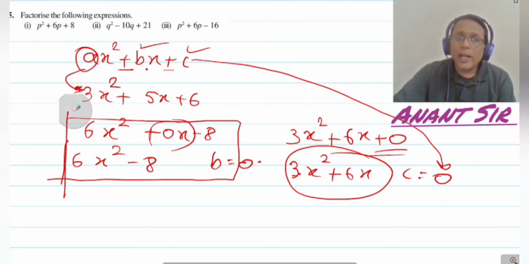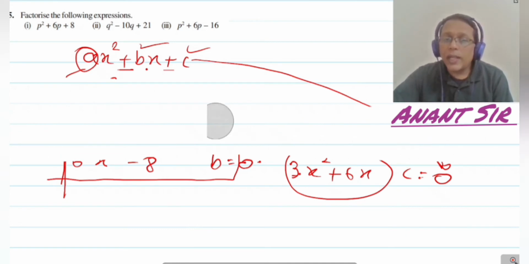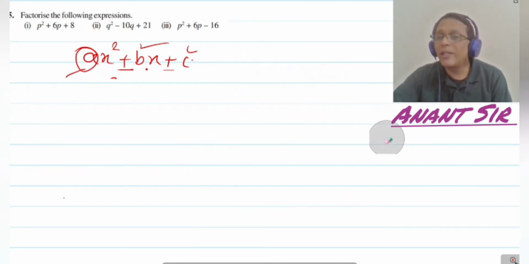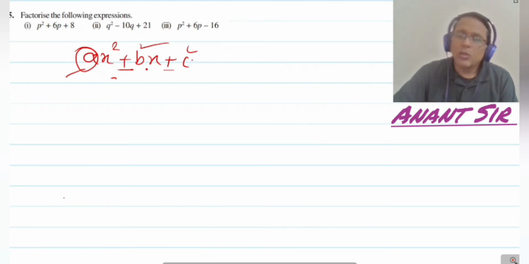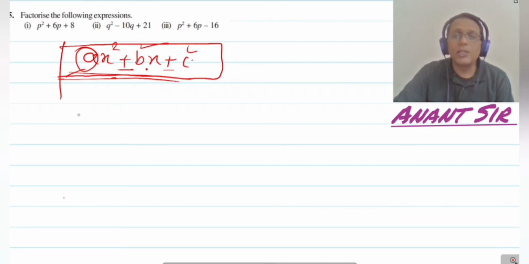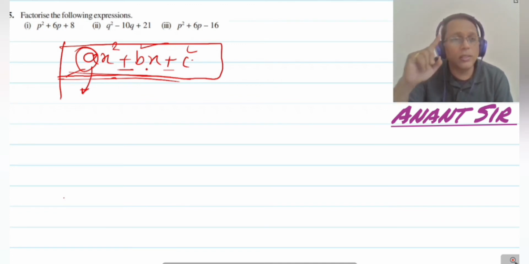So a quadratic equation is a quadratic polynomial equation we have in standard 10. So forget about the equation. A quadratic polynomial is a polynomial of the form ax square plus bx plus c, that is, its degree is 2 and a cannot be 0. That means the x square term must be there. x might not be there, constant might not be there, no problem.